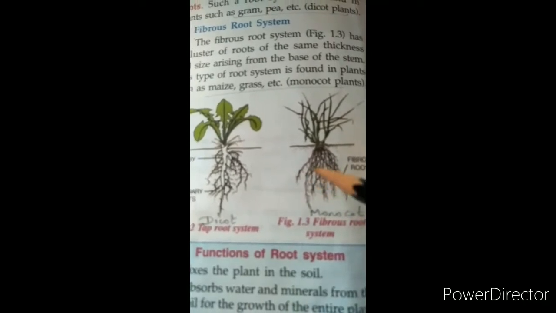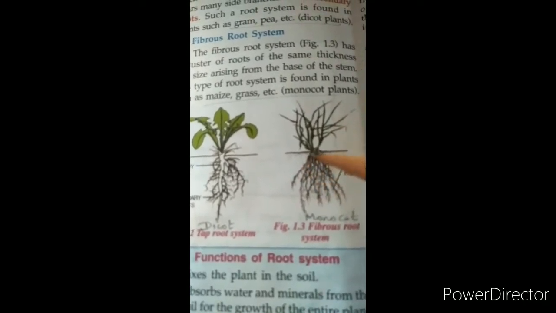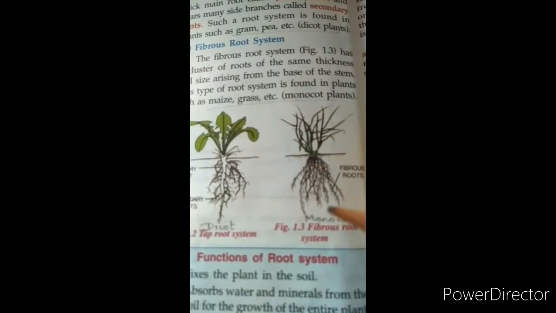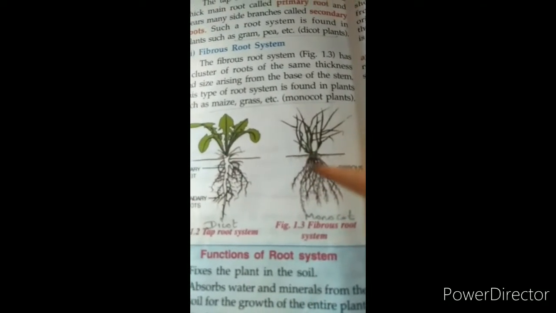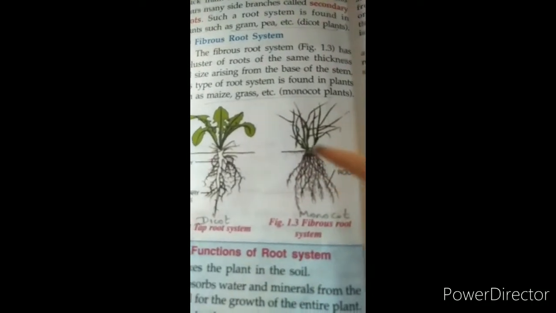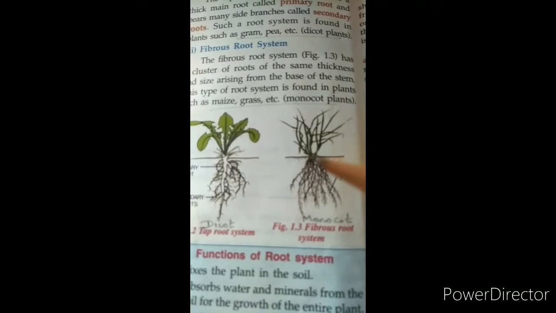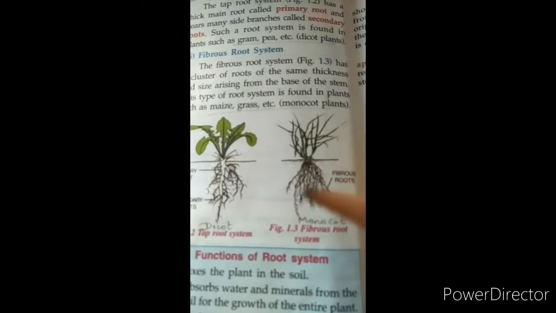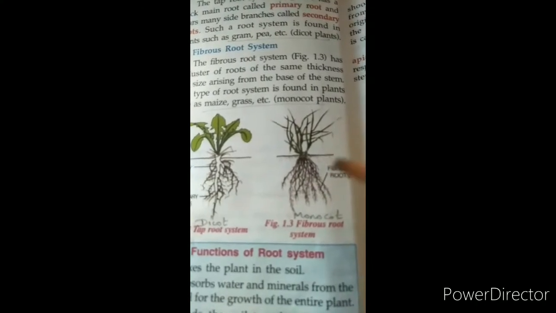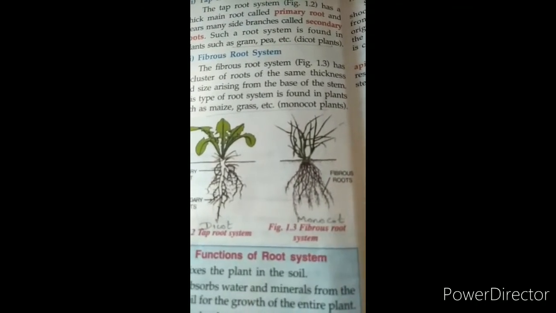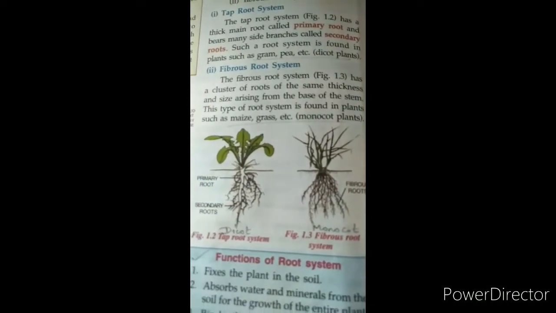So it is just a bunch of roots, mostly of the same size and shape. There is no root that can be called a main or primary root here, and they are all coming out from the base of the stem. Therefore we call it fibrous root, and these fibrous roots are found in monocot plants.